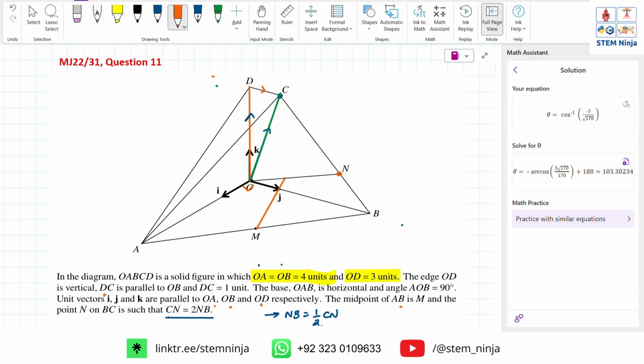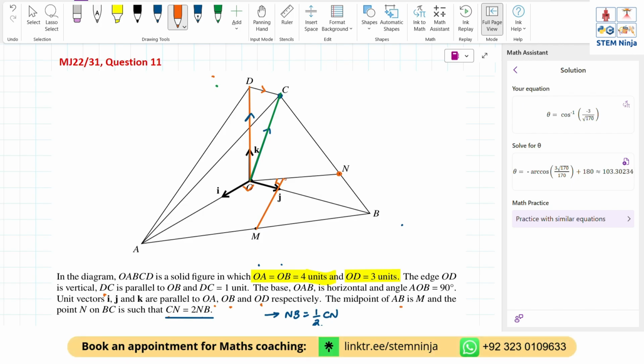And remember, it's the perpendicular always. We saw in previous examples also that the shortest length between a point and a line is the perpendicular that joins the point and the line, and the 90 degrees is at the end that is on the line. It cannot be on the point.